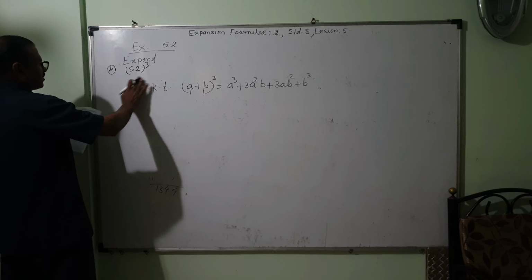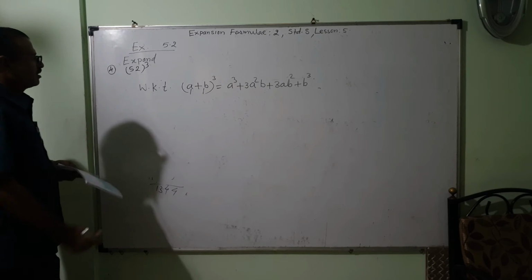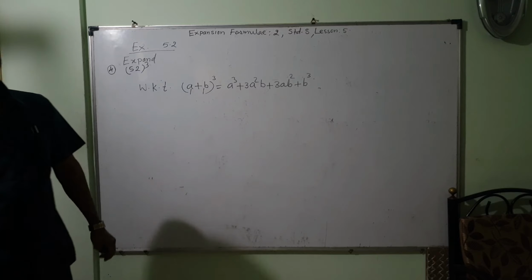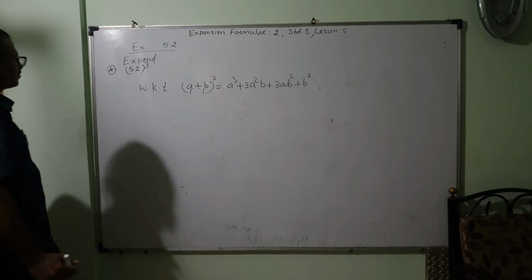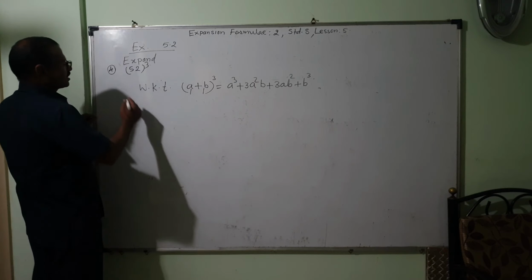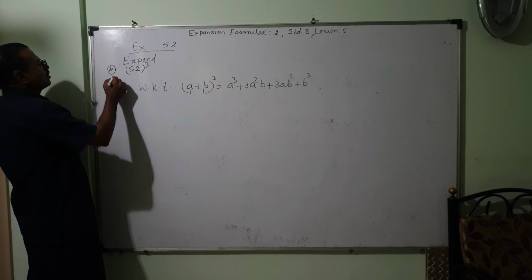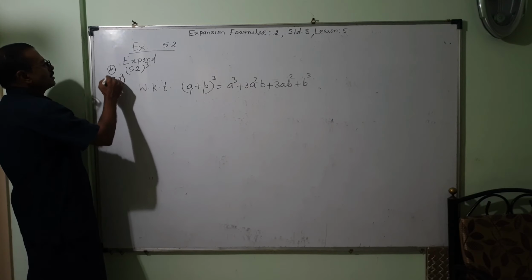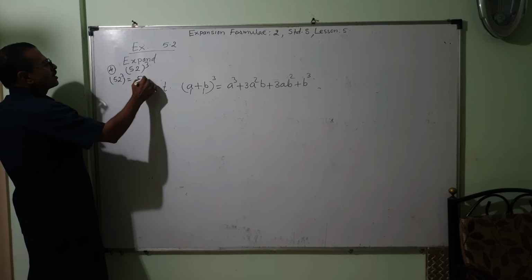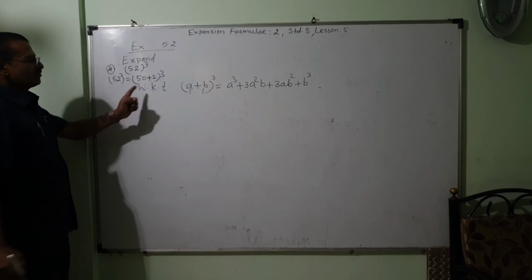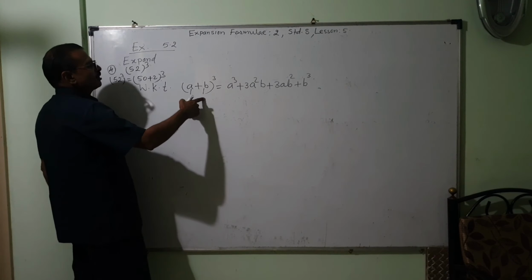See that this question we have to use the formula. 52 cube means 52 into 52 into 52. The answer will be correct, but we don't want to do that. We have to do by using this. So 52³ is equal to (50 + 2)³. This way we have to solve. We know this.